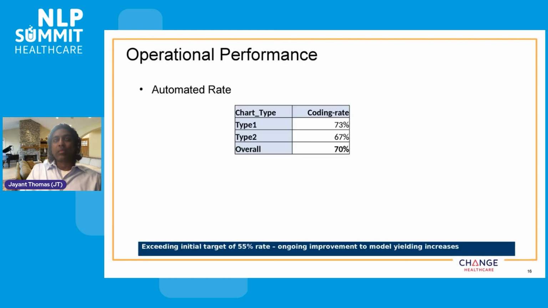This was successfully rolled out, and we got around a 70% split rate for this particular use case, and we exceeded the 55% target rate for this use case as well.